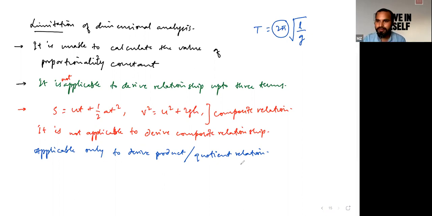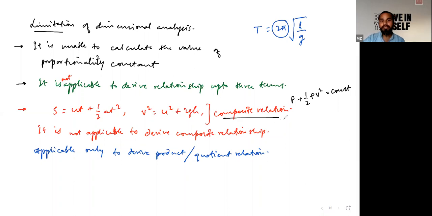Sir, can you repeat that from s is equal to ut? We have s is equal to ut plus half at squared. This is just the equation of motion. We may also have pressure plus half rho v squared is equal to some constant. So these types of equations, in which there is a relation between any two quantities by plus or minus, other than multiplication or division, are called composite relationships.